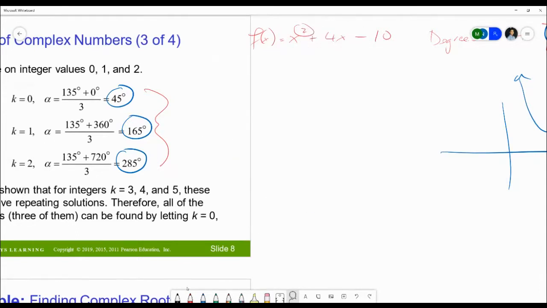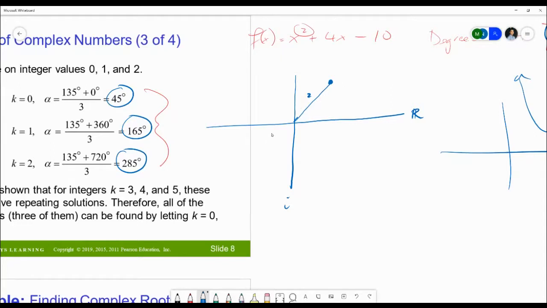All right, so first of all, let's see if we can graph this. Now, this is on a complex plane, so this is i, and this is the real number line. The first one is at 45 degrees, and I believe my r value was 2. So this is the first one.